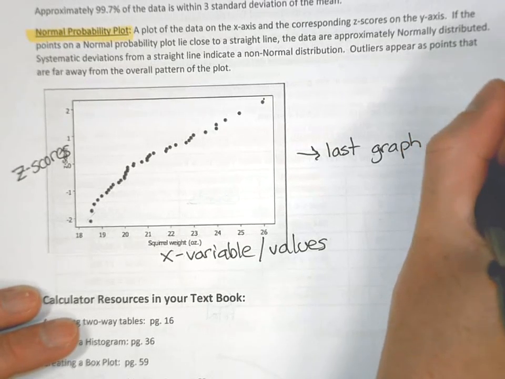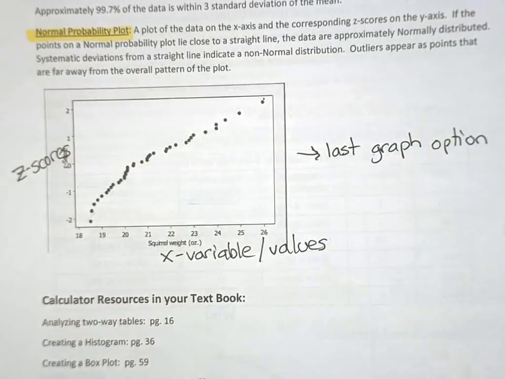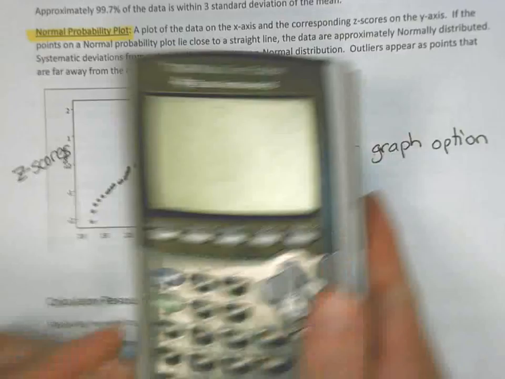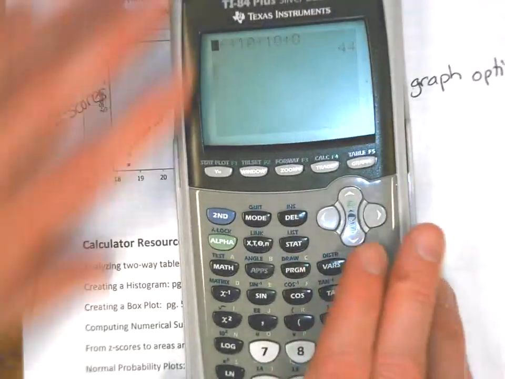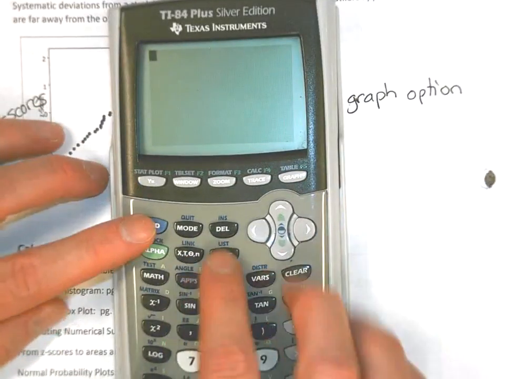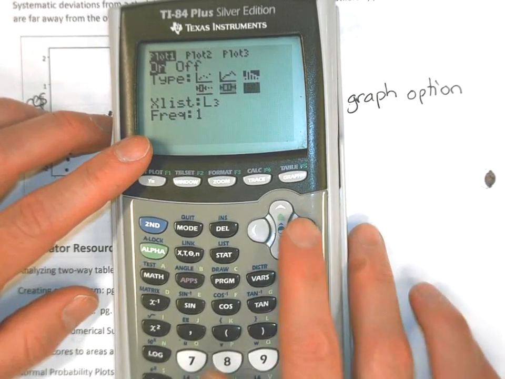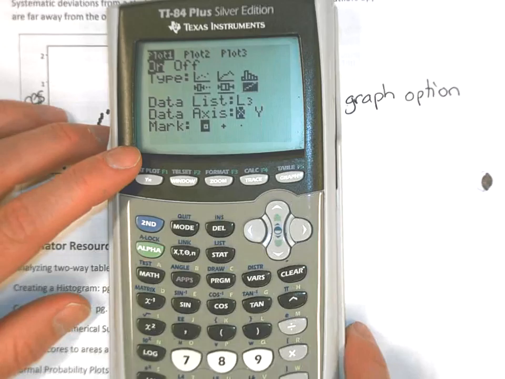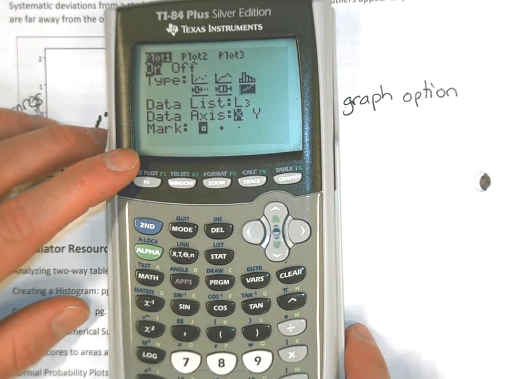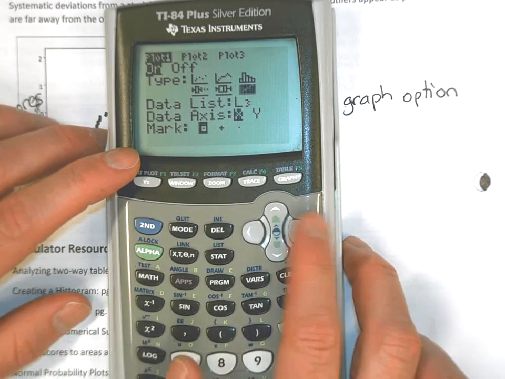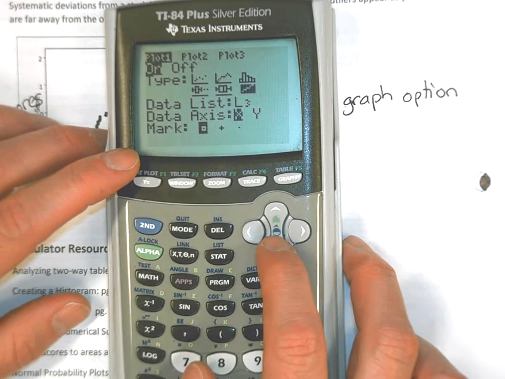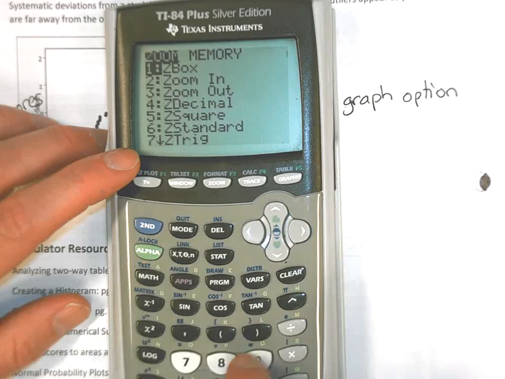So on your calculator, I believe you would have to actually put in the z-scores first, but if you go to your calculator, it's this one right here, and of course it wants your data list and which axis you're going to put it on. See what happens if we zoom 9 right now.